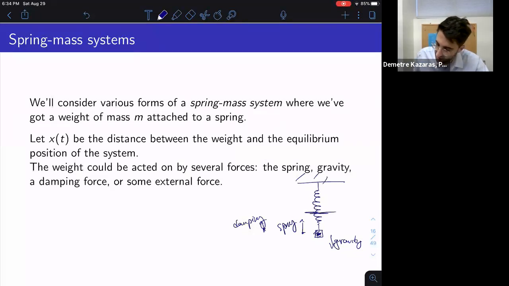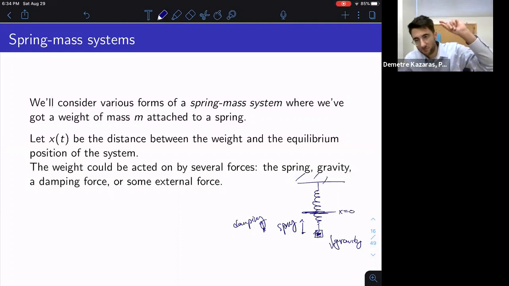Okay, so suppose you have this situation, and if you leave the spring alone, it'll settle down to a certain height. Let's call that height 0.